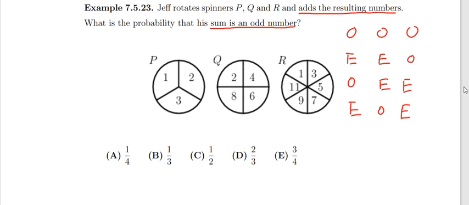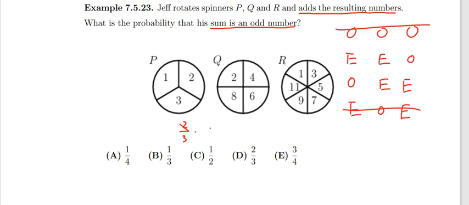So for the first one, from here we pick an odd number. Odd numbers are 2 over 3, right? Oh no, there's a case. Okay, so this should be even. So there are only two cases.